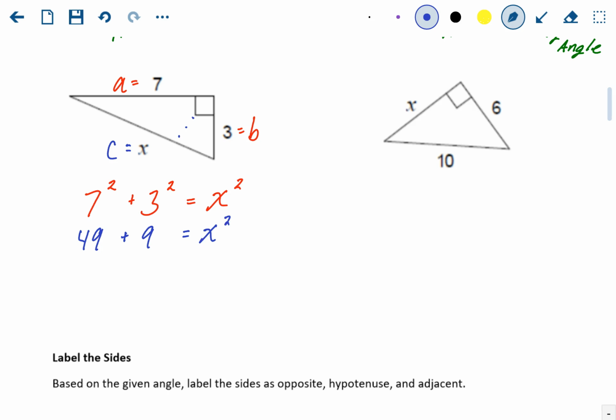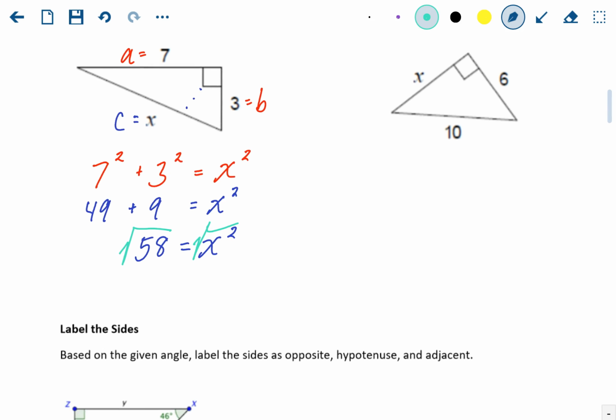Now again, we don't want to know what x squared is, which is what we currently have. We want to know what x is. So if we have x squared and we want x, we're going to just take the square root of both sides. So you take the square root of 58.